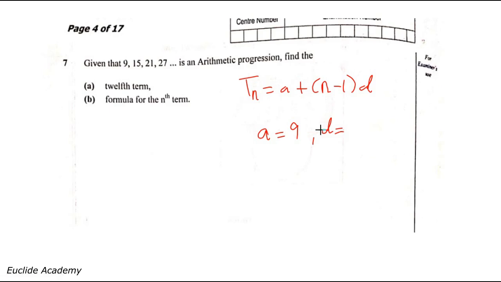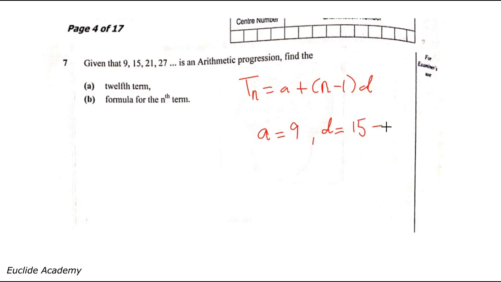For the common difference, the common difference is the number that each term is being increased or reduced by. So it could be a positive increment or a negative increment. From 9 to 15 to 21 to 27, you can see that there is a positive increment. So from 9 to 15, you can count 9, 10, 11, 12, 13, 14, 15, so that will be 6.